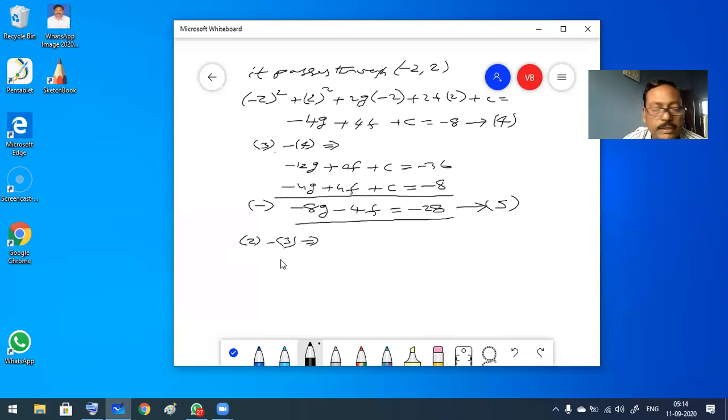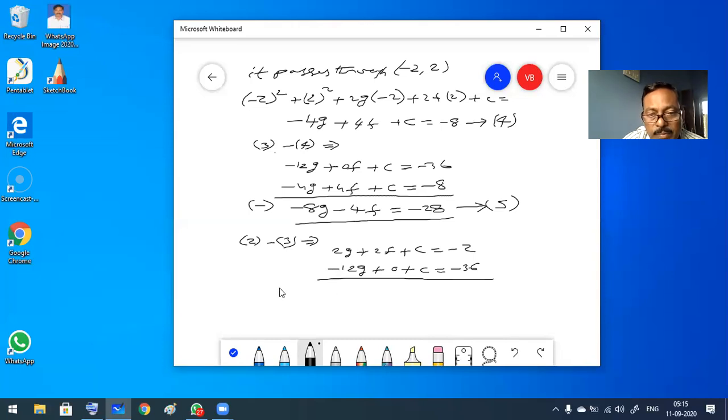Equation 2 is 2g plus 2f plus c is equal to minus 2, and equation 3 is minus 12g plus 0f plus c is equal to minus 36.